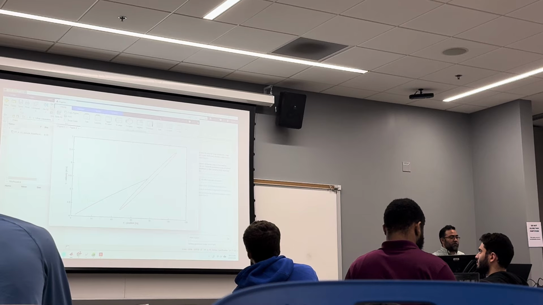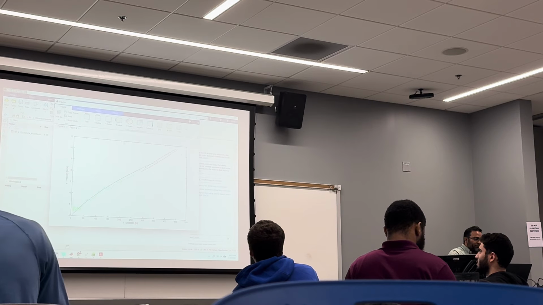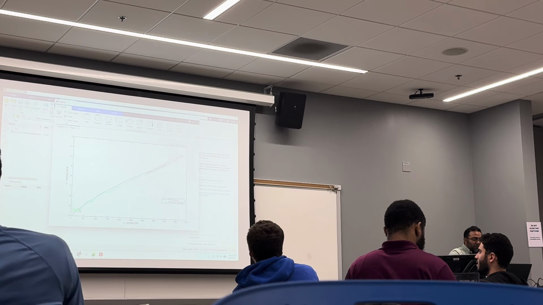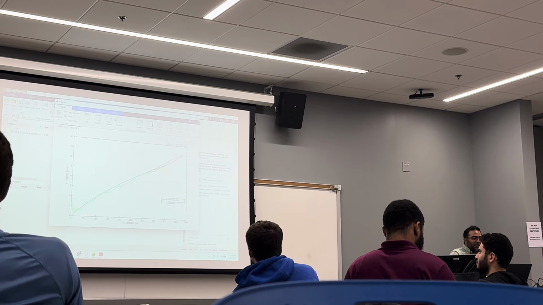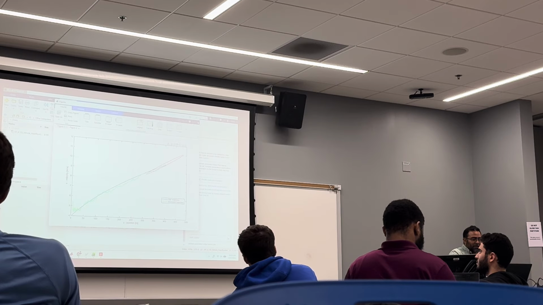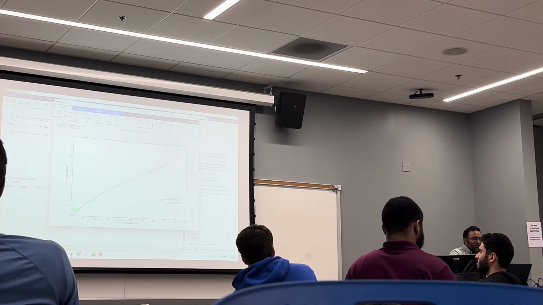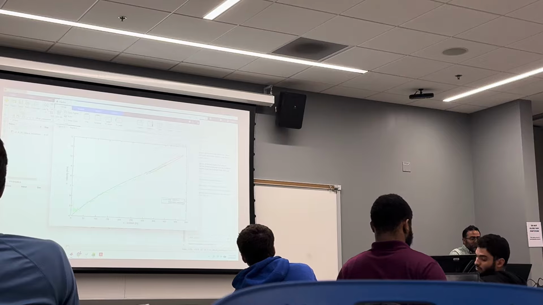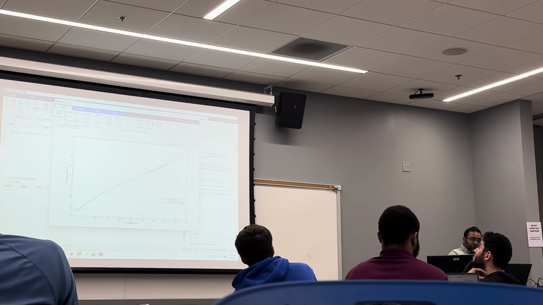its position and velocity. So the vehicle started, as you can see from here, the blue line is basically the vehicle's ideal position and velocity, and the green is the estimated position and velocity.